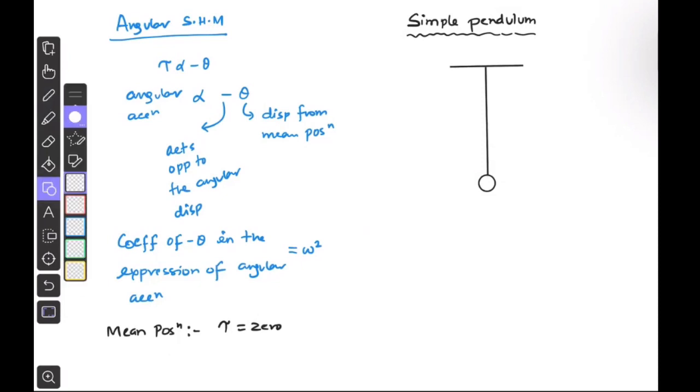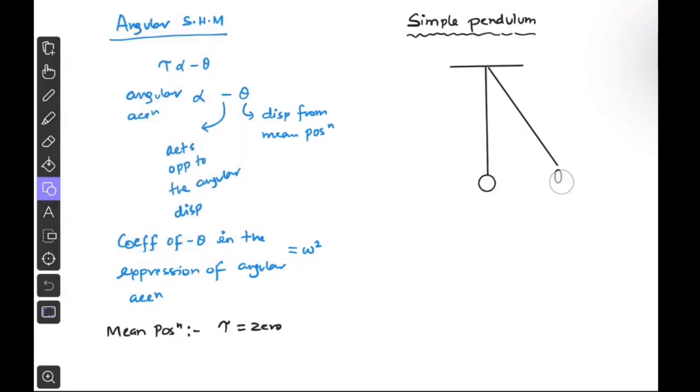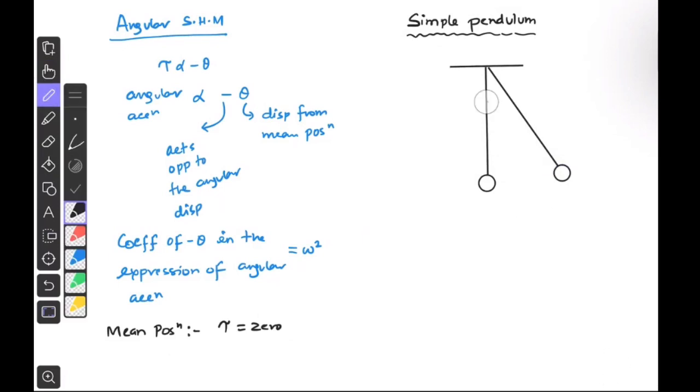Suppose I displace it by some small amount from the mean position. Whichever way we provide the displacement, that will be taken as positive for the sign convention. So see, I am going to give a displacement from the mean position by an angle theta, and the sense of that angle theta is anti-clockwise.